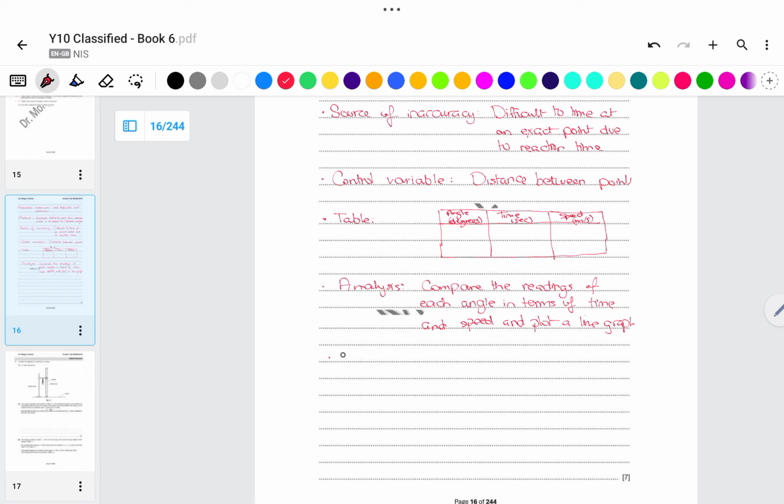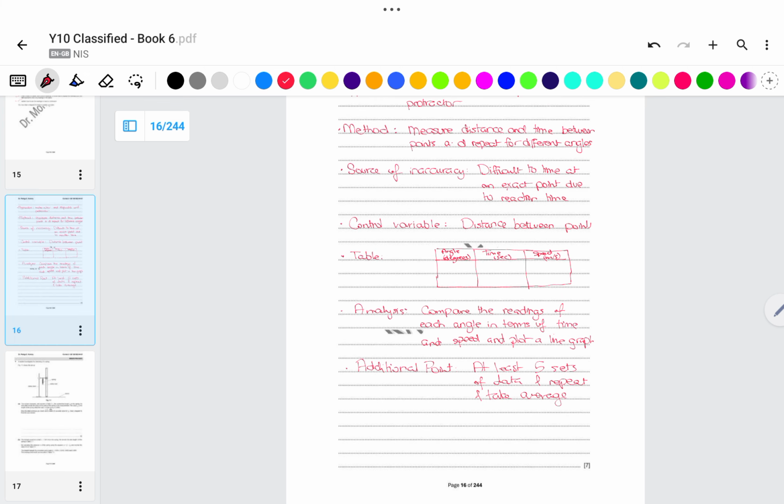So I will write that the additional point to get a full mark is that I will take at least 5 sets of data and repeat and take the average. Okay, that's all for this question.